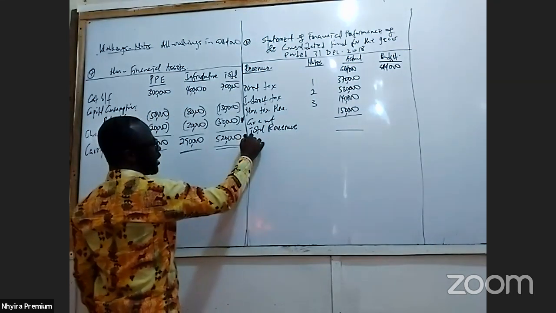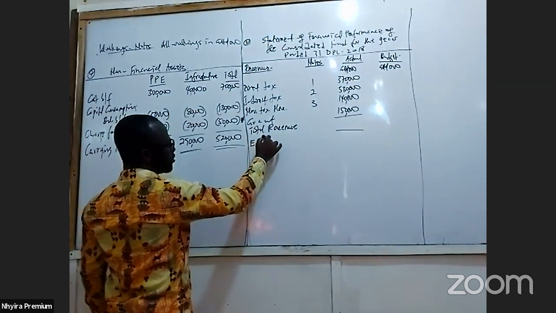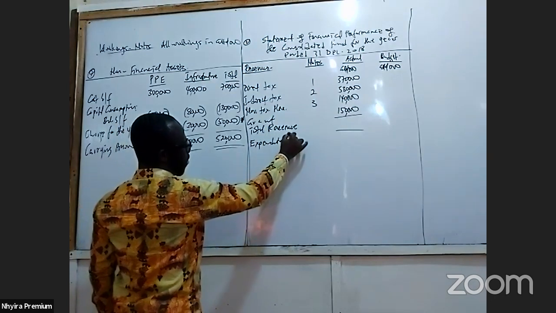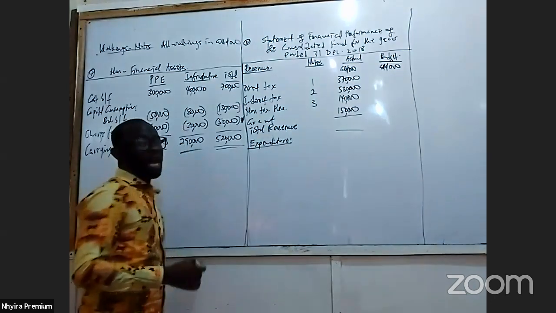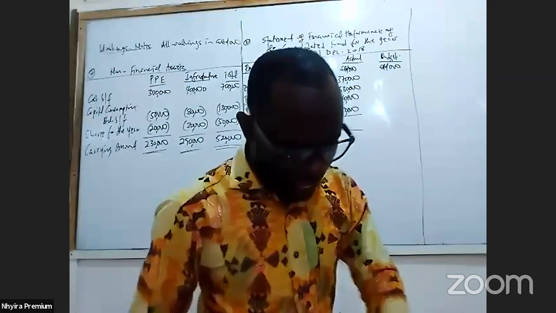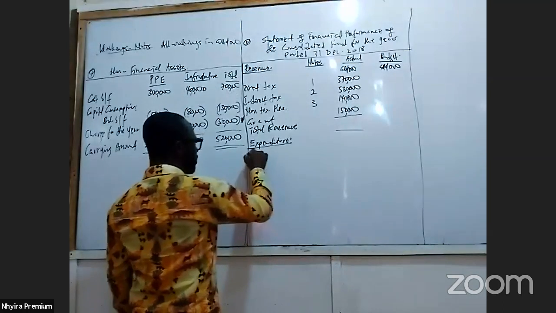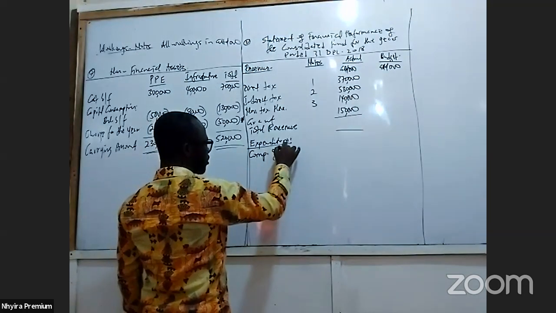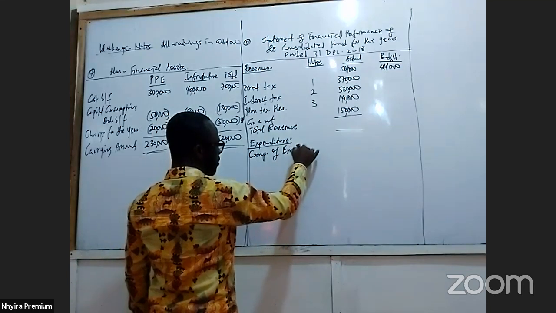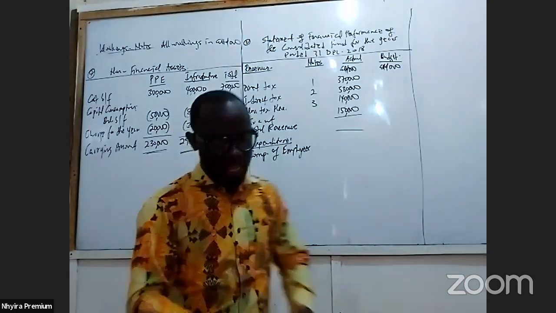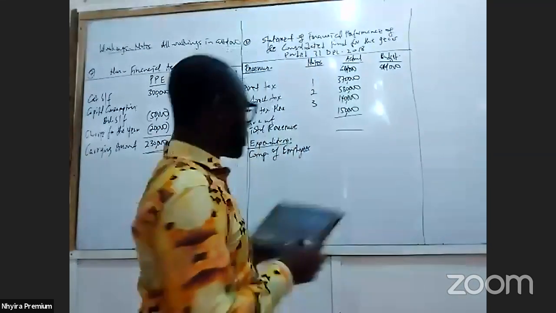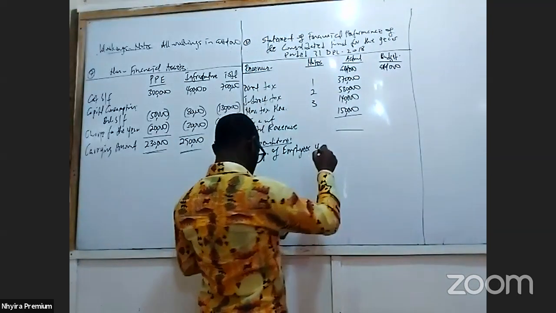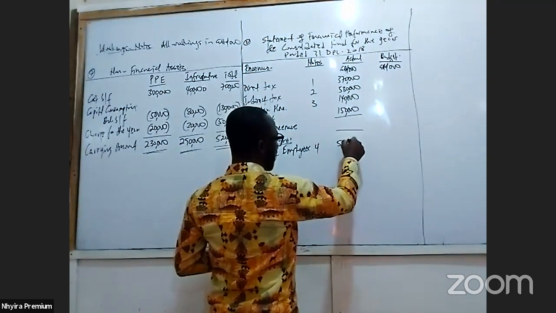Then we look at the expenditure. Under the expenditure, from my workings, compensation of employees, we need a working for that, so let's bring it up, working 4. That is 519,000.